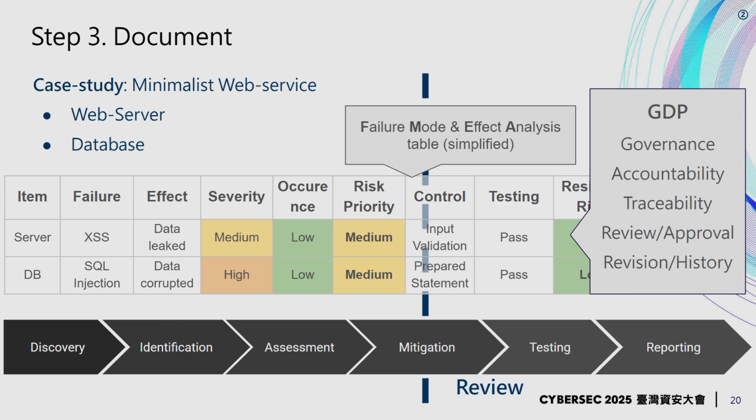That means that you need to have in place a governance structure to define all your processes, and then to ensure accountability on all your documents with review, approval, and digital signatures. And finally, you need to trace those documents through any changes, so you'll need to maintain revision history on all those documents. So this is not the most exciting part, but it's an absolute must for the regulated space.